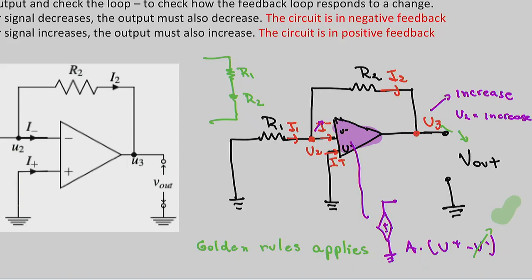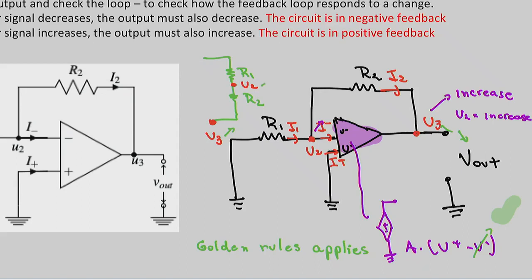So U3 in our drawing is right here. Agree? U2 in our drawing is right here. So if I come here and I increase U3, what happens to U2?